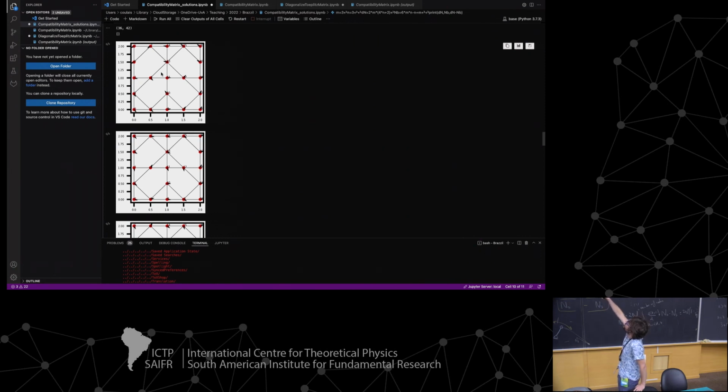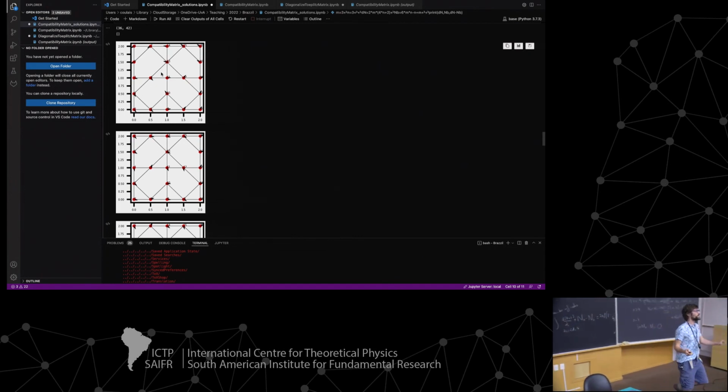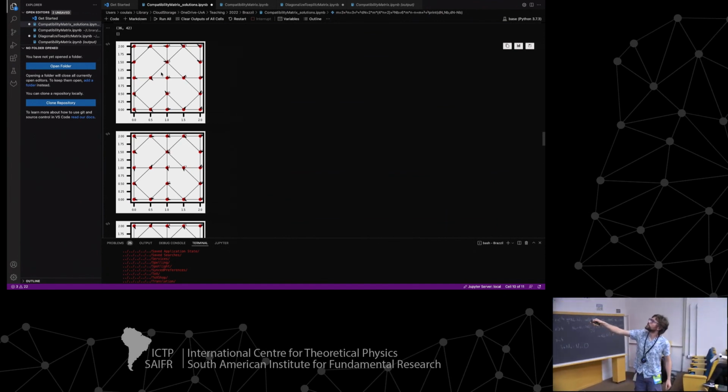The way to code this is you have to define a matrix that encodes all the positions of these red nodes and all the relationships between the bonds. So you have a matrix called the adjacency matrix that relates bond number 0 to node number 1, but these are already coded. What I only ask is to code how you construct the compatibility matrix from that.